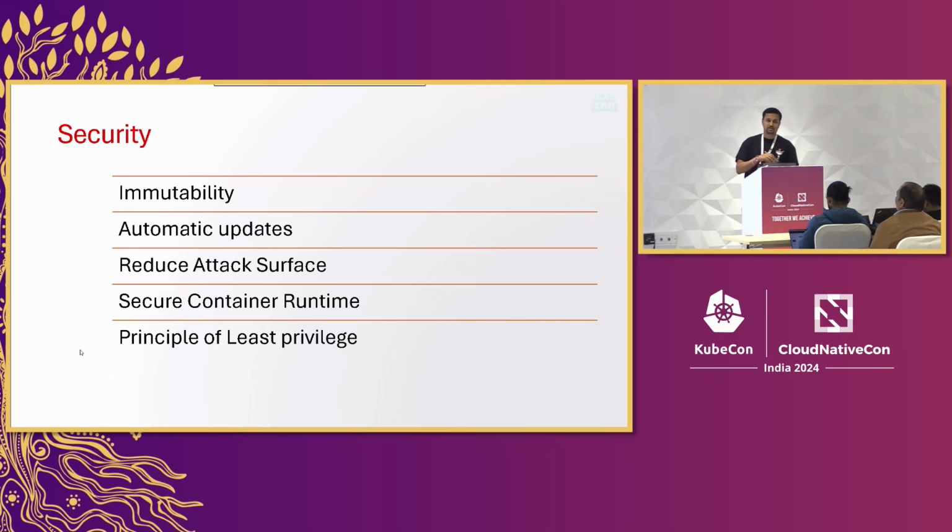Immutability means that the USR partition of the OS is read-only, so you cannot really install or write things into it, which helps reduce the attack surface. Suppose there are 100 CVEs out there, most of them would not affect because of the smaller number of packages and the read-only nature of the file system. So a lot of the CVEs do not affect container OSs.